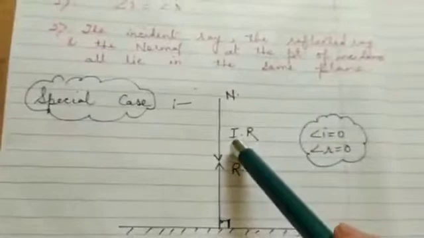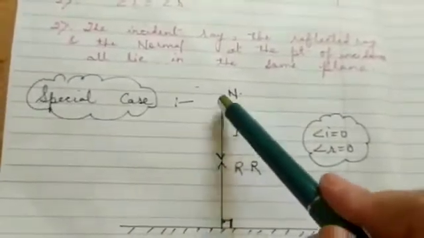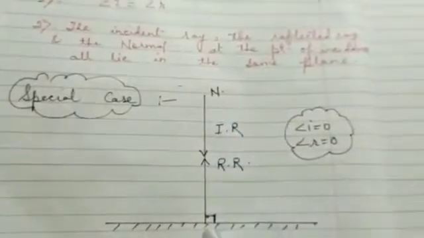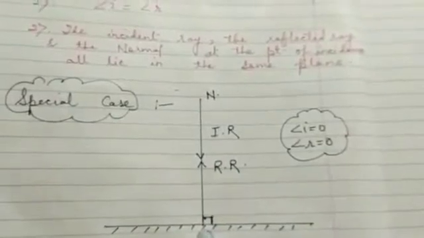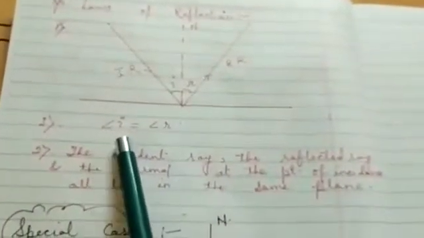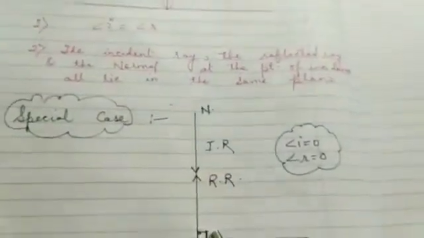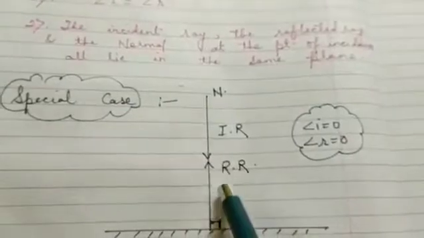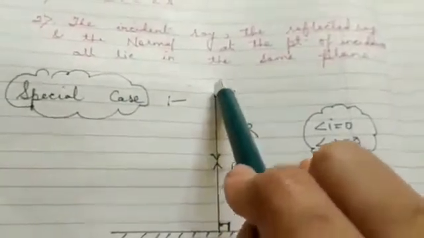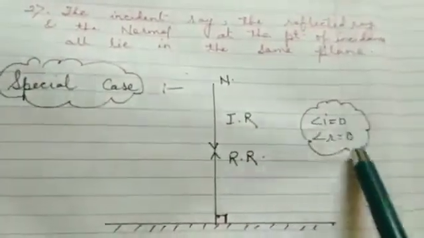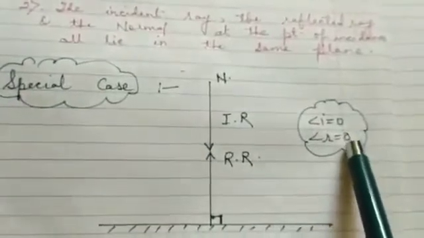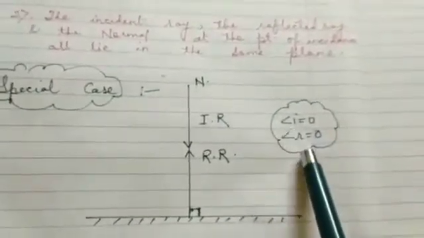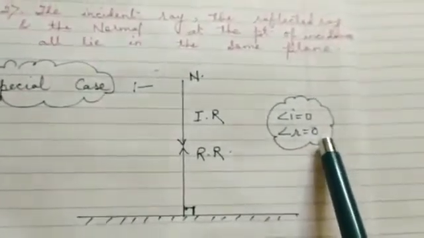That means in that condition the incident ray coincides with the normal and falls on the plane surface. As we know, according to the laws of reflection, the angle of incidence is equal to the angle of reflection. Hence, here the reflected ray is reflected along the same path, making 0 degrees. So this is the special case when the angle of incidence and the angle of reflection are equal to 0.